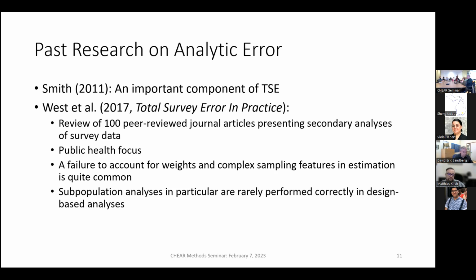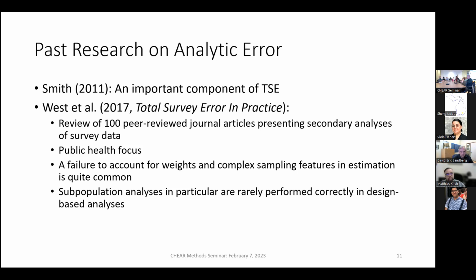Again, because even the reviewers aren't aware of some of these issues. Okay. Furthermore, subpopulation analyses, where you want to analyze, say, older males or African-American females or whatever your subpopulation of interest might be, are rarely performed correctly in design-based analyses. Again, I should add this to the do not slide, but it's a very common issue in design-based analysis.